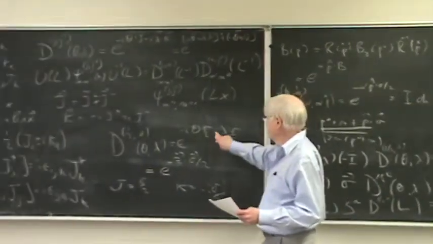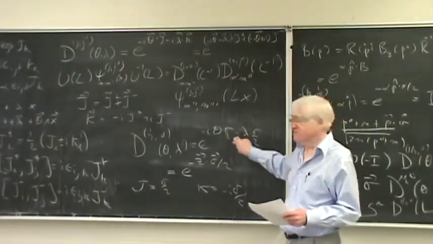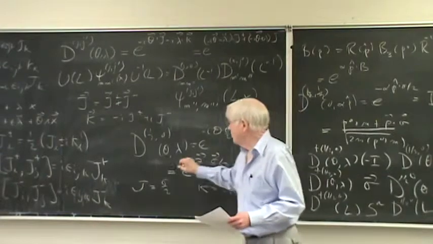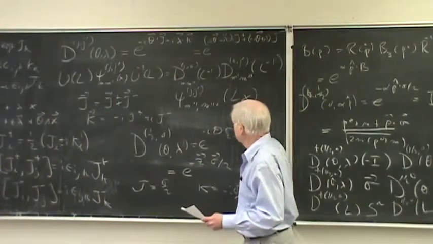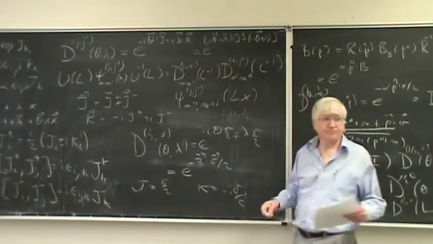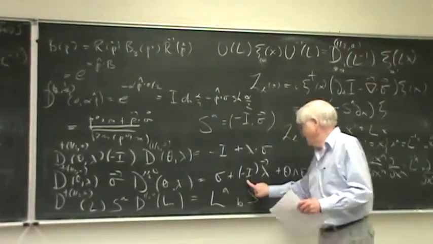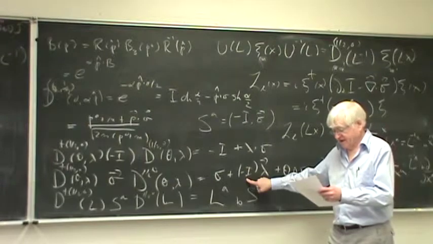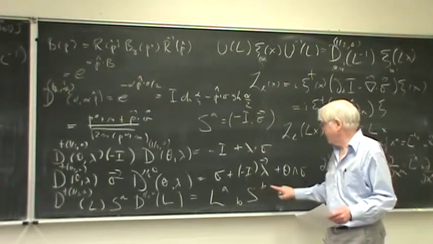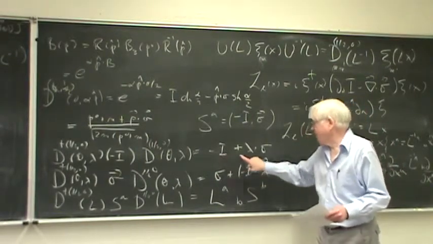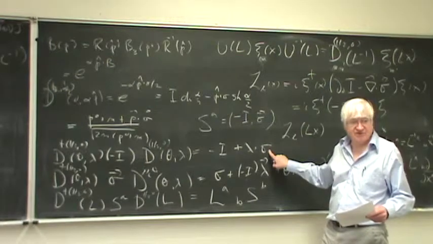The change is that you just change minus to plus. The thing that's a 4-vector now is simply plus 1 sigma.